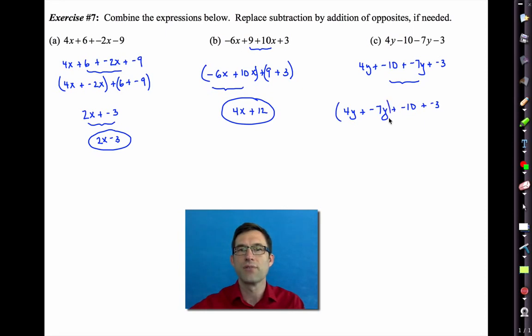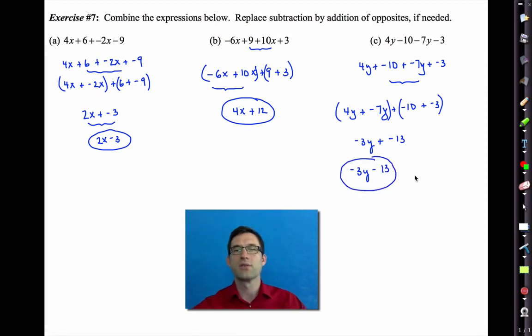Again, using the associative property, I'm going to group these two additions together. 4y plus negative 7y is negative 3y. Negative 10 plus negative 3 is negative 13. And again, although that's a perfectly good answer, in all likelihood, we would want to leave it like this. Negative 3y minus 13.